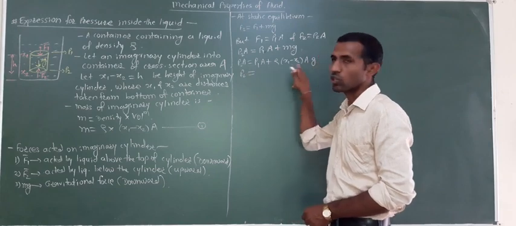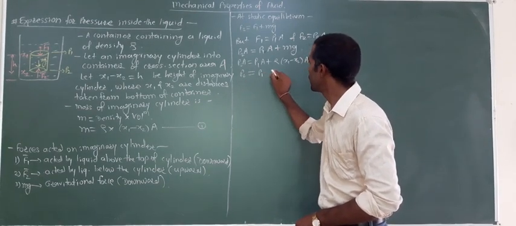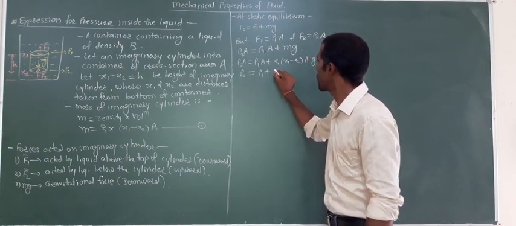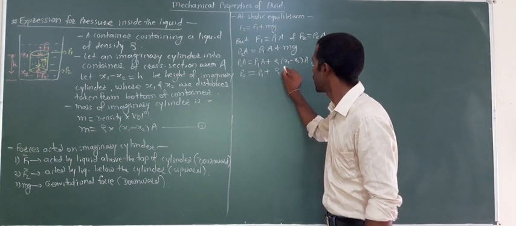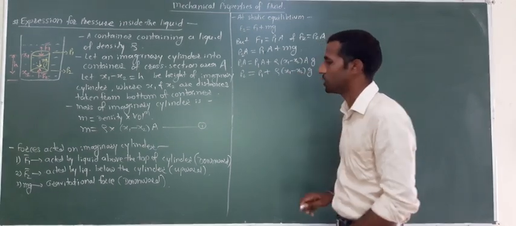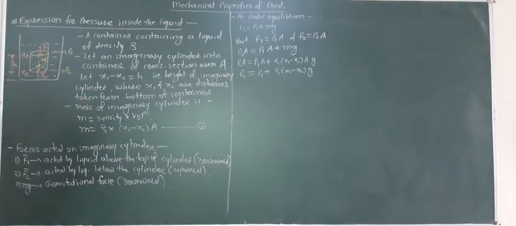After cancelling the cross-section area, we get P2 is equal to P1 plus rho into x1 minus x2 into g, acceleration due to gravity.